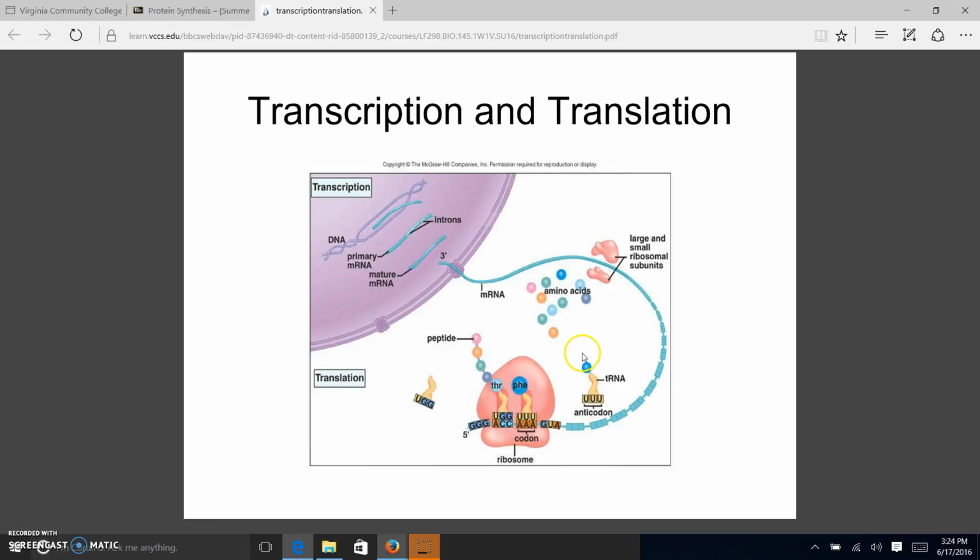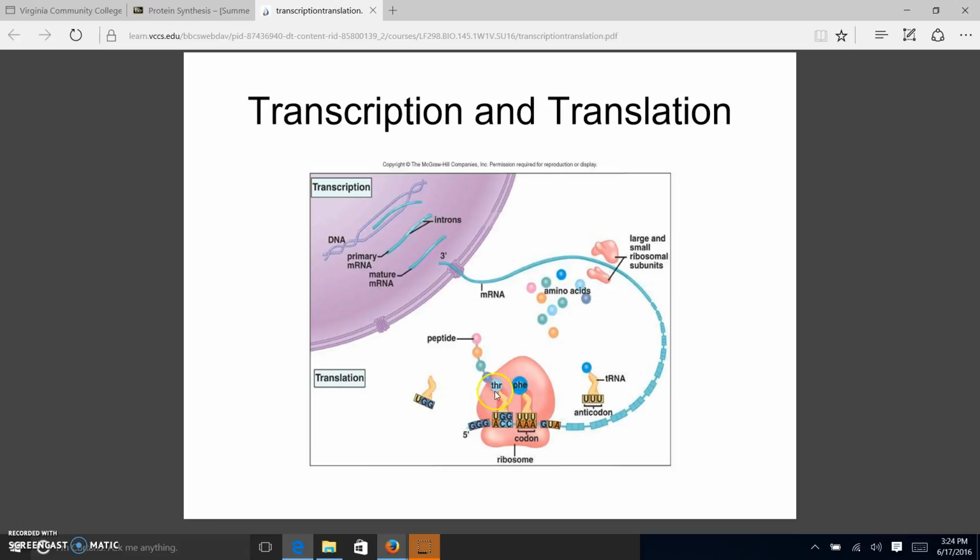Now, another thing we need to understand is that UUU only picks up one amino acid. There are 20 different amino acids, but the transfer RNA with the anticodon of UUU will only pick up one. Which one do you think out of the 20 that is? Well, we have a little clue here because there's another transfer RNA with UUU on it, and it's actually picking up phenylalanine. Now, the anticodon UGG, guess which amino acid it can only pick up?